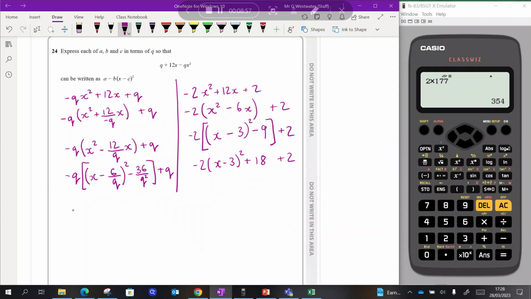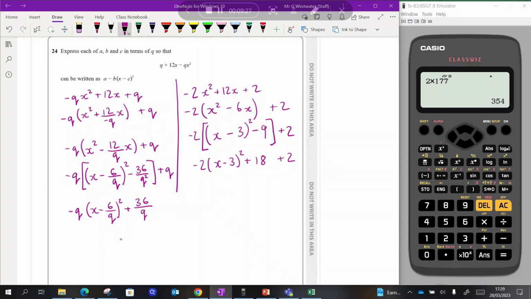So this will now be minus q times this bracket, x minus 6 over q, squared. And now minus times a minus will be a plus. And this will be 36 over q squared times q. So actually, one of those q's would cancel, leaving just one q on the bottom.